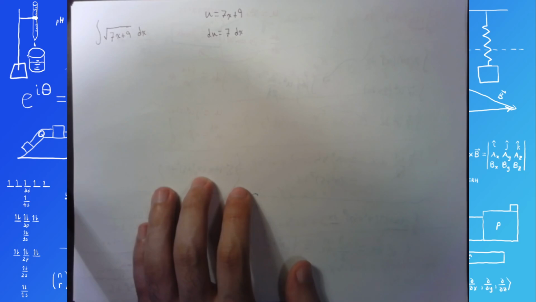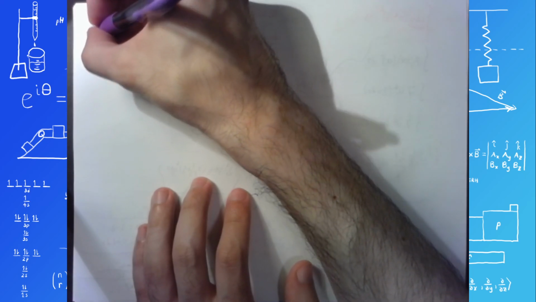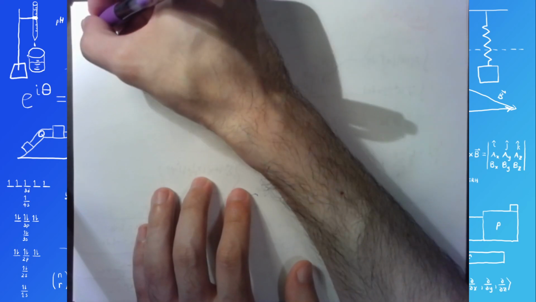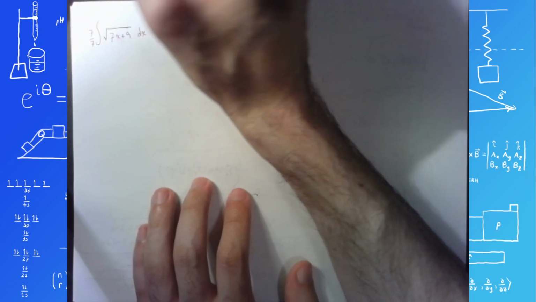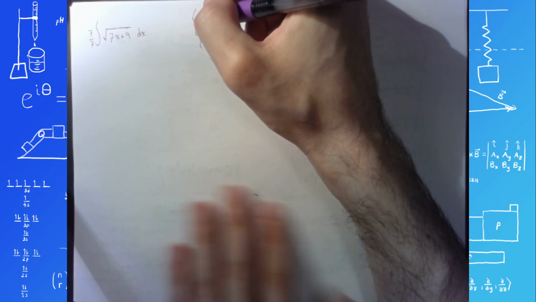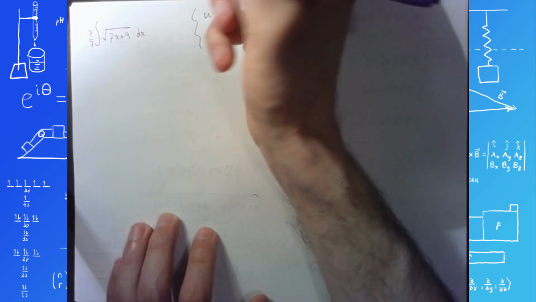So du equals 7 dx. Okay, and I can just multiply and divide by 7 here, so I can multiply by 7 over 7. I know I didn't write it inside the integral, but I can move constants in and out of the integral as I please.